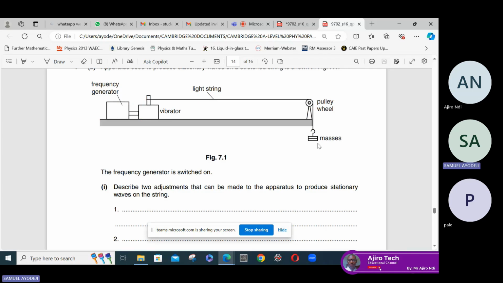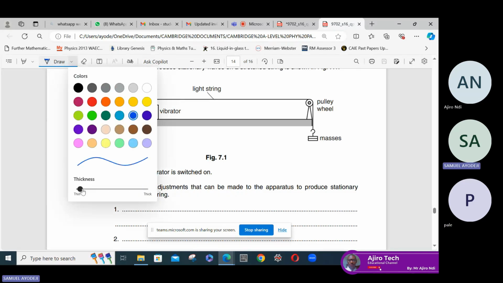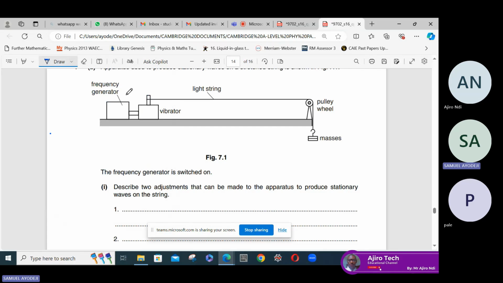You can also change this mass. I think there are only three things you can do. You can't tamper with the pulley, but you can change the distance between the vibrator and the pulley. So there are three possibilities. You can tamper with this one, this, and this. Any other thing, nothing. You can't tamper with a live edge.